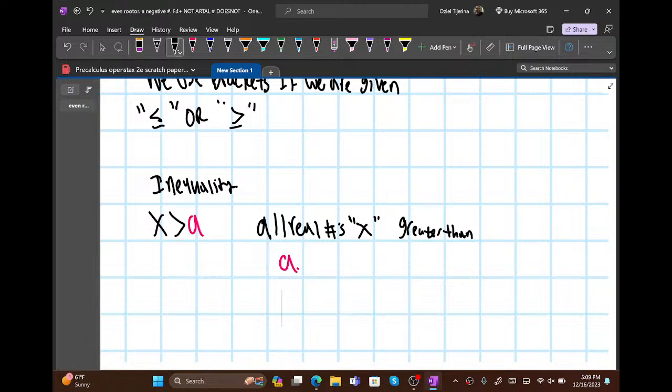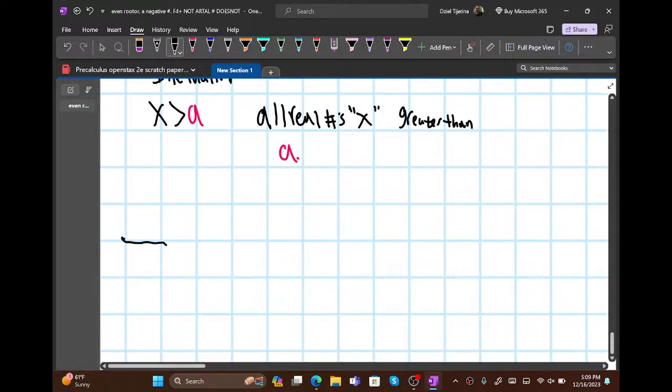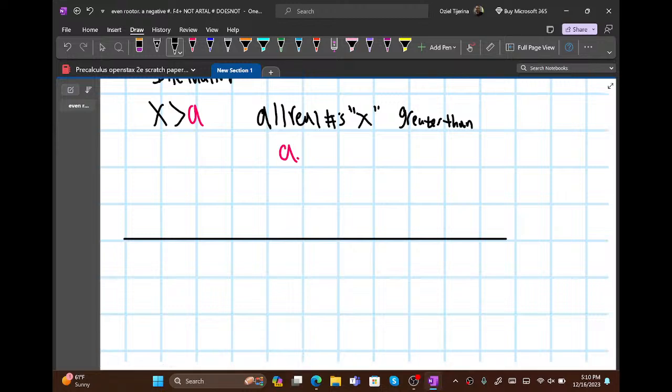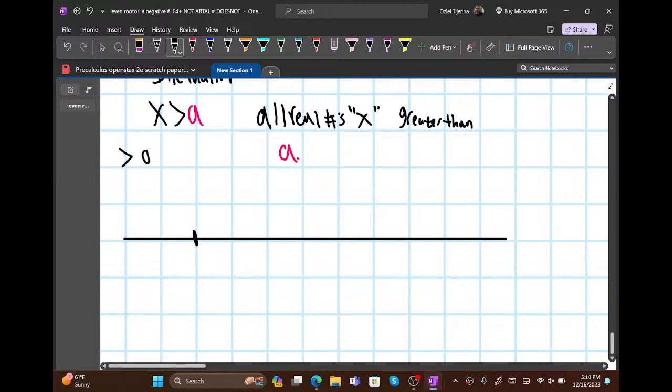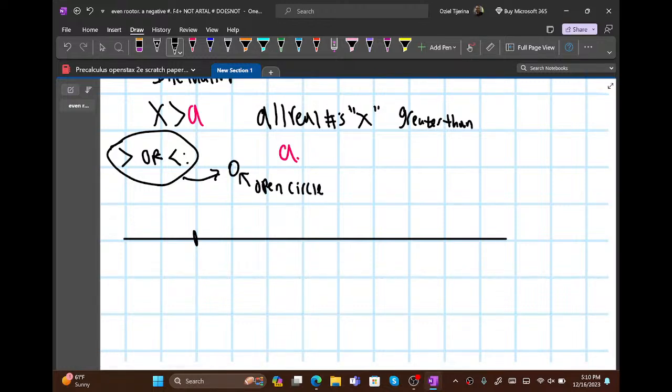The way I'm going to say this as an inequality, if you remember from college algebra, if we're doing greater than or less than, this indicates an open circle or hole in the interval at that x value.